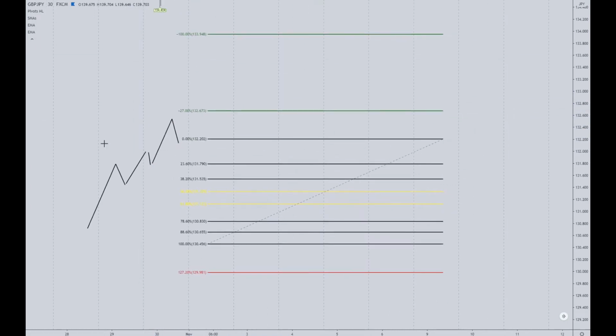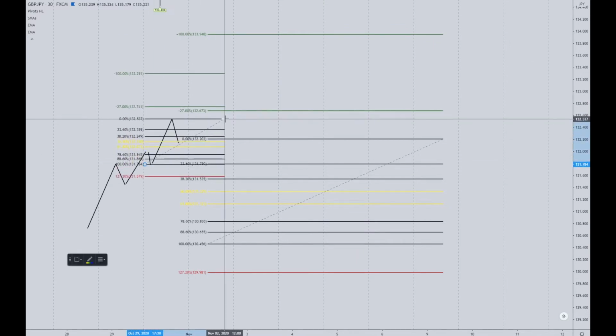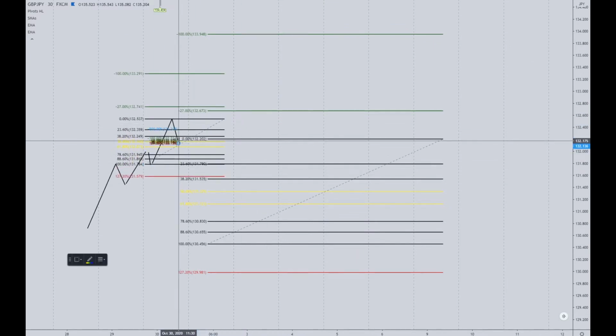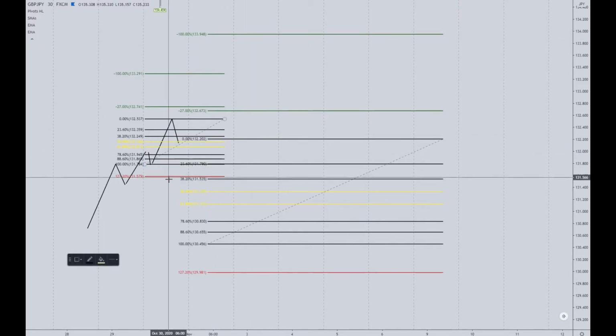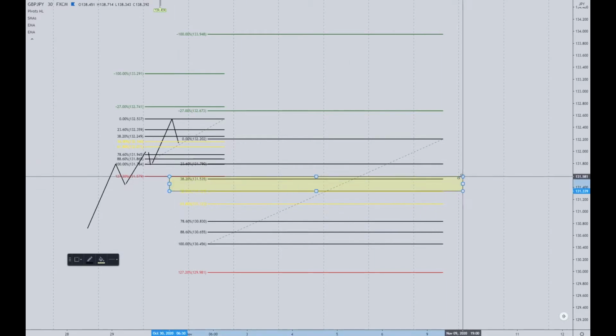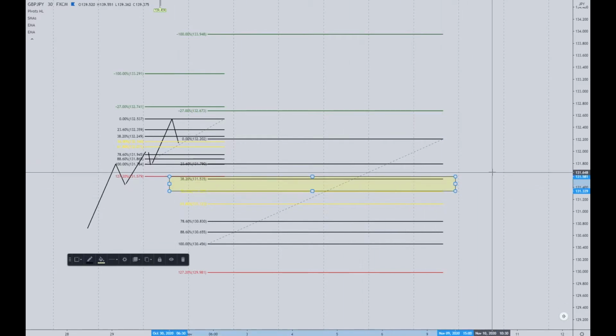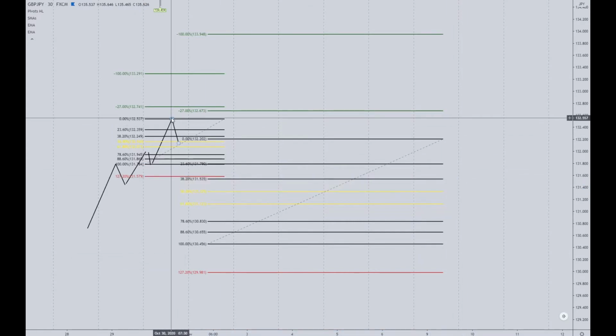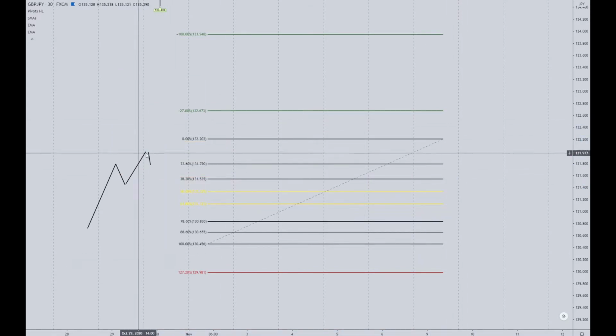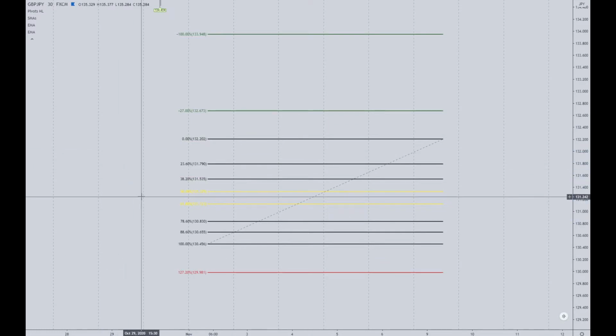I'll still consider that valid because some traders prefer that as a psychological level. And keep in mind that these are just areas of interest. They're not precise levels. So as long as I'm around the 38.2, this area right here, and it respects this area, I'm considering that a strong trend, and I'll look for an entry. So the 50% is not an official level. It is just a psychological level for traders.